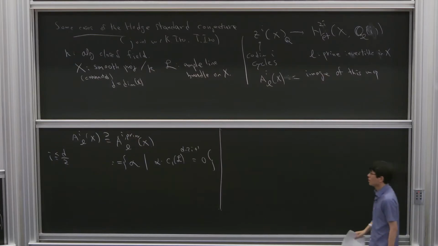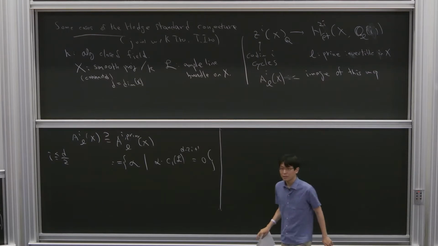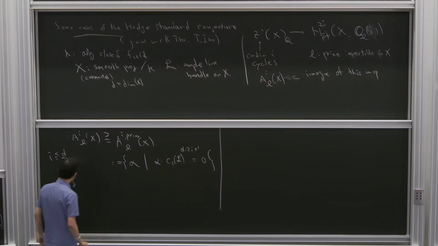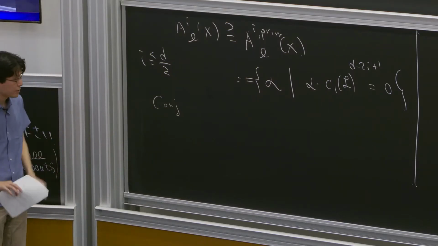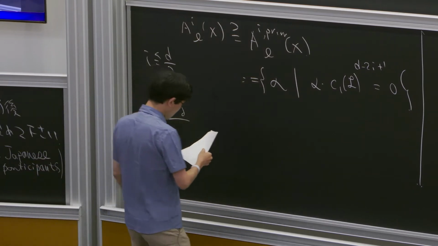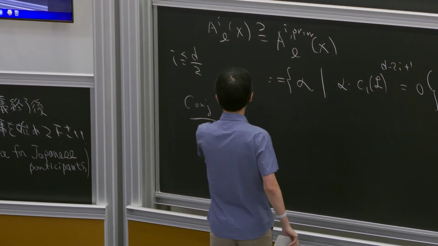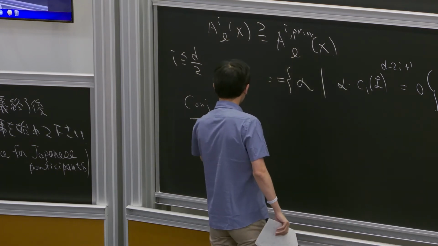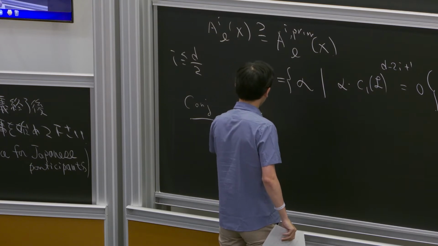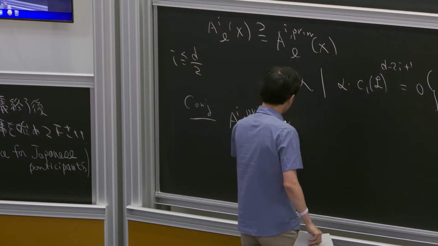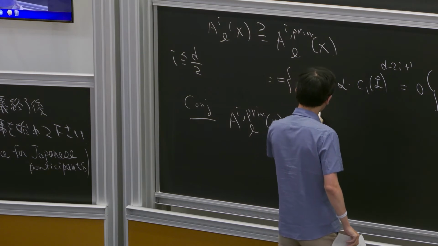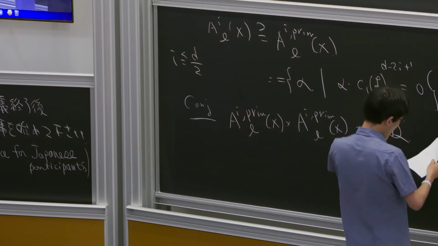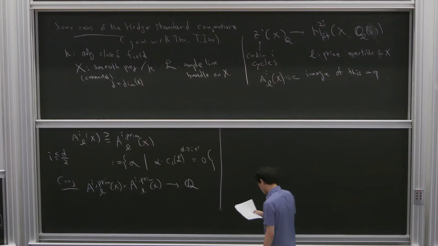Okay, now I can state the conjecture. So the standard conjecture of Hodge type, or Hodge standard conjecture, is the following. On this primitive part, we have a pairing, defined by the following formula.